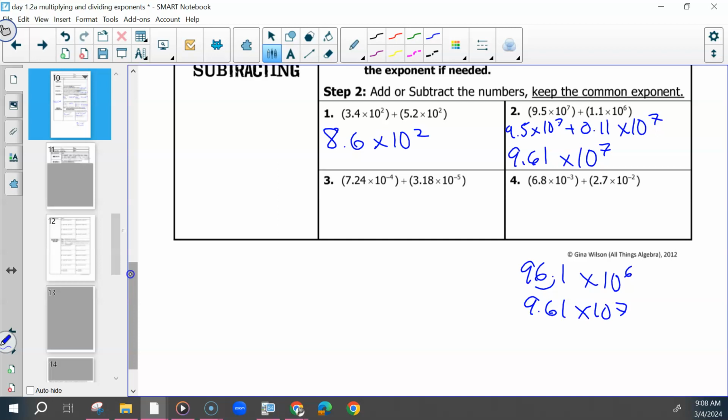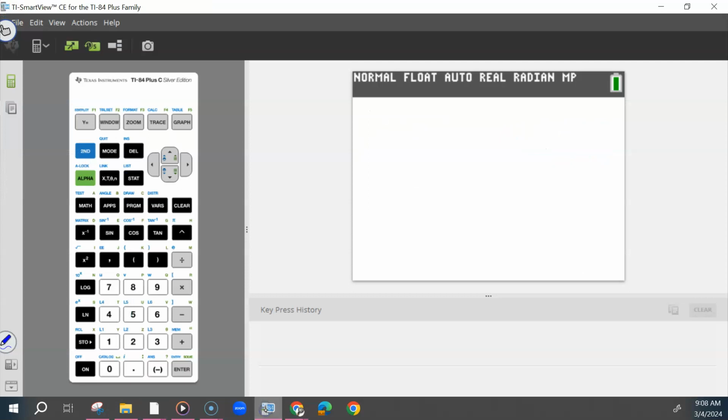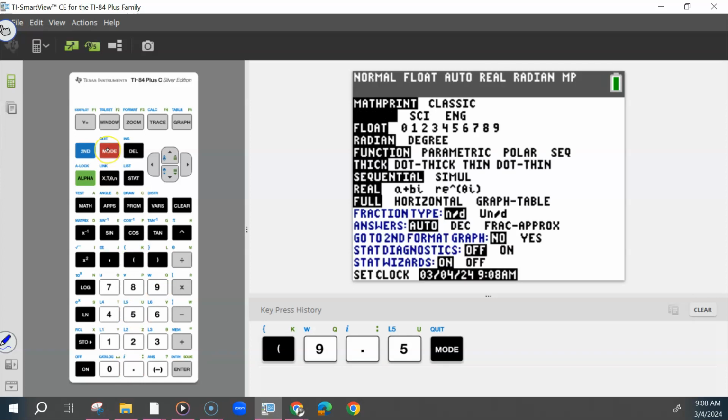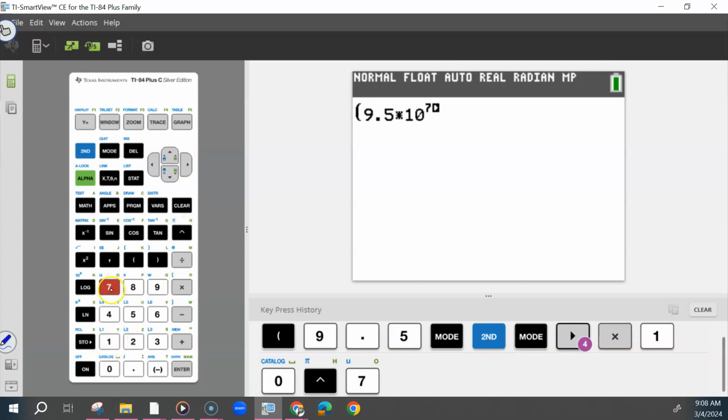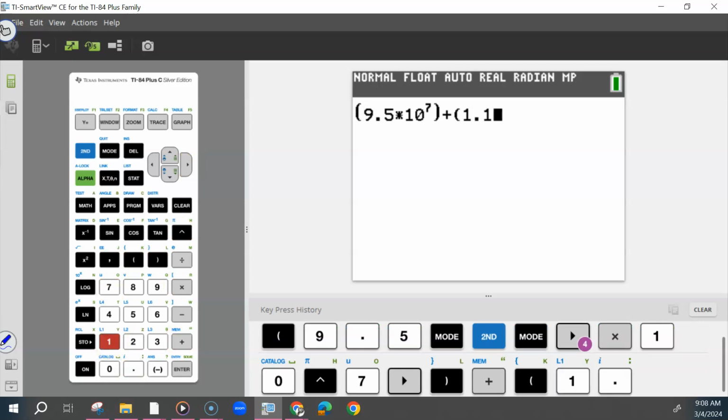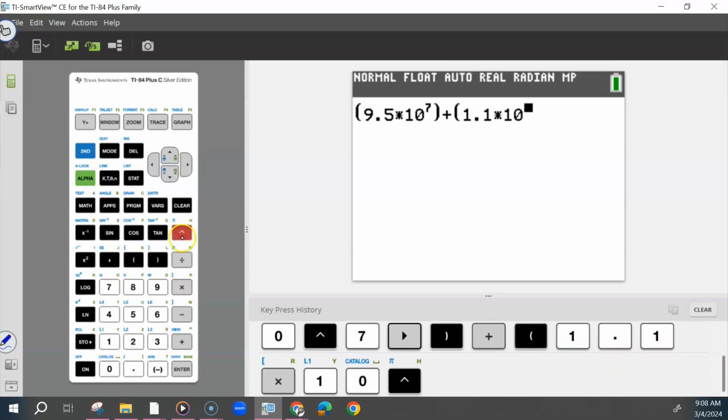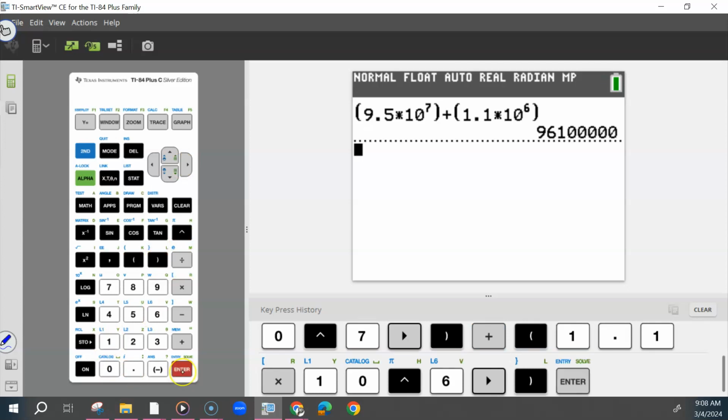You can also use your calculator. It's going to give it to you in standard form.